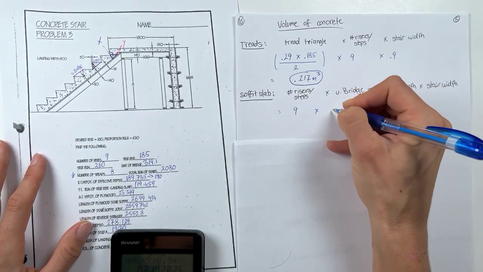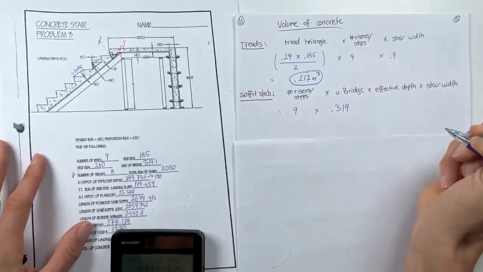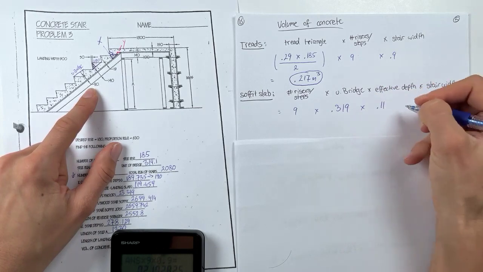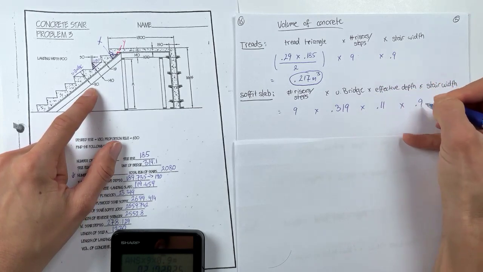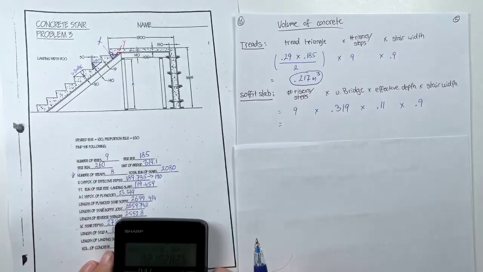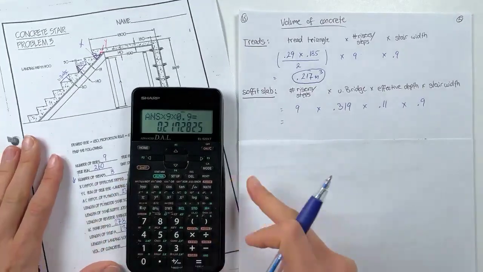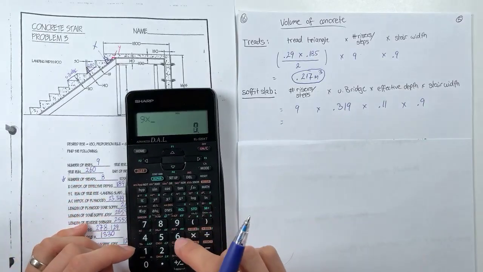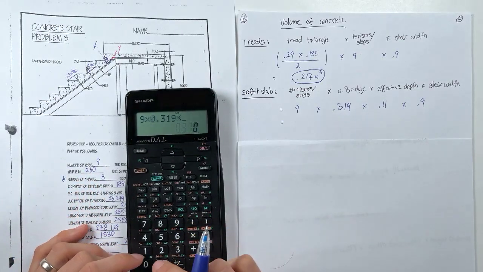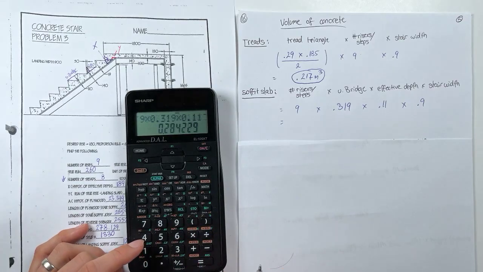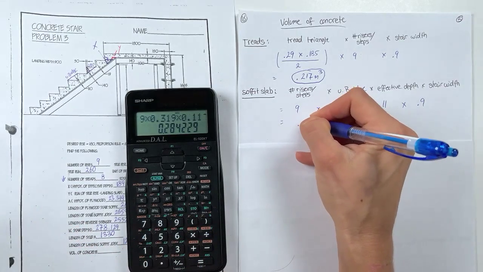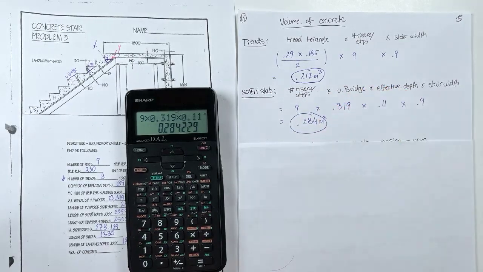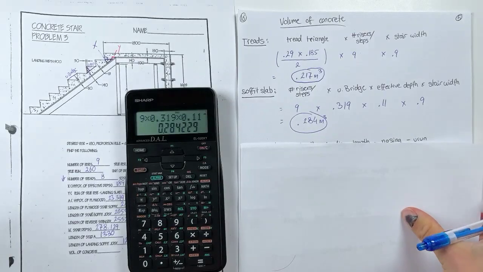Our unit of bridge, 0.319, times the effective depth, 110, so 0.11, times our stair width of 0.9. Oopsie, sorry. So 9 times 0.319 times 0.11 times 0.9. 0.284 cubic meters. There we go. It's not very much.